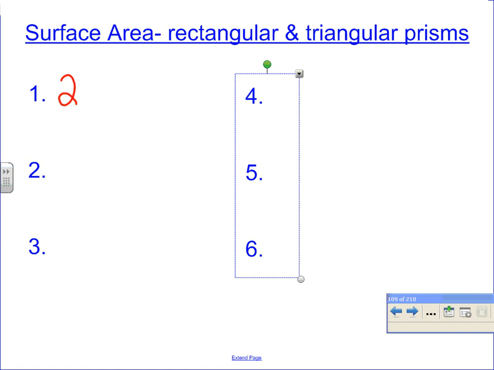David, what'd you get on number 1? Good. Number 2. Neil, do you have it? Okay, number 2. Nope, too high. Shane? Good. 248 meters squared.